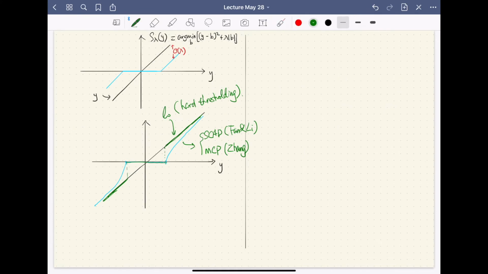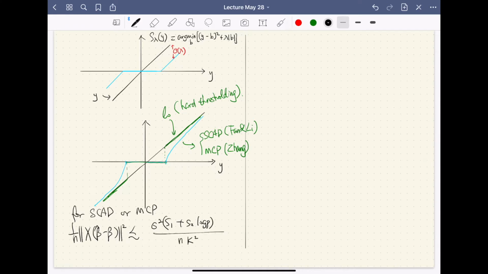In fact, if you use these penalty functions, you can achieve a better risk behavior compared to Lasso. If you use SCAD or MCP, you can show that the prediction loss can be bounded by sigma squared (S1 plus S2 log p) over (n kappa squared). Kappa squared is still the restricted eigenvalue.